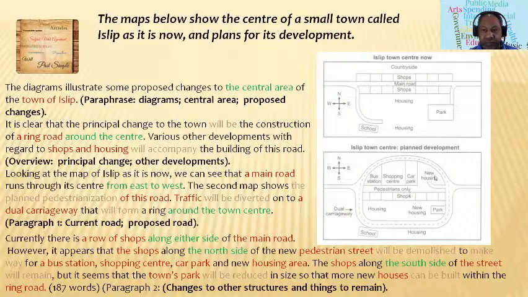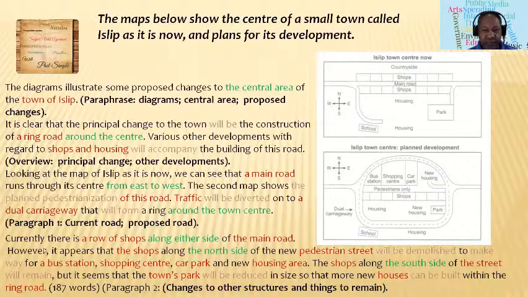So the road's going to disappear, and where the road was is going to be pedestrianised. Traffic will be diverted onto a dual carriageway that will form a ring around the town centre. So traffic that was here is going to be diverted onto this dual carriageway. Okay, so paragraph 1 is current road and proposed road. So we've covered the road.